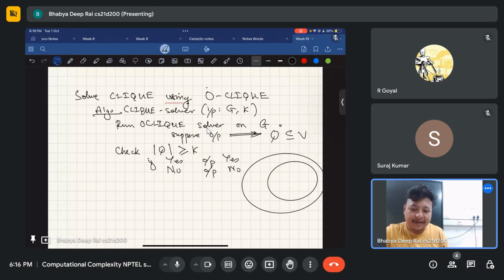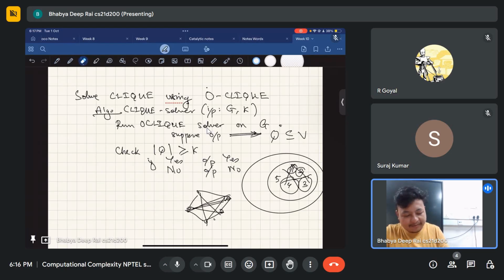If the size of the clique is 5 and all the vertices are connected to each other, then obviously there will be a smaller clique of size 4, and then a smaller clique of size 3, and 2 and 1. If you take a complete graph on 5 vertices and check for a K4, you will always find a K4. You will always find a K3, and so on.